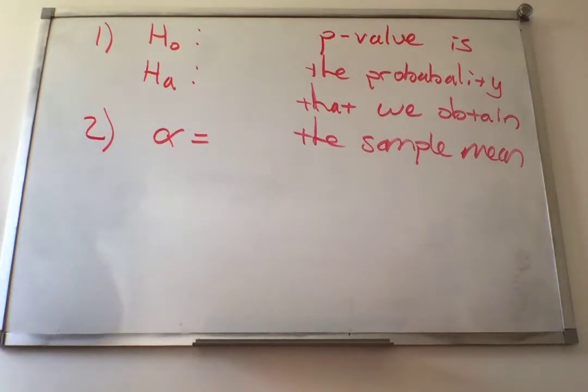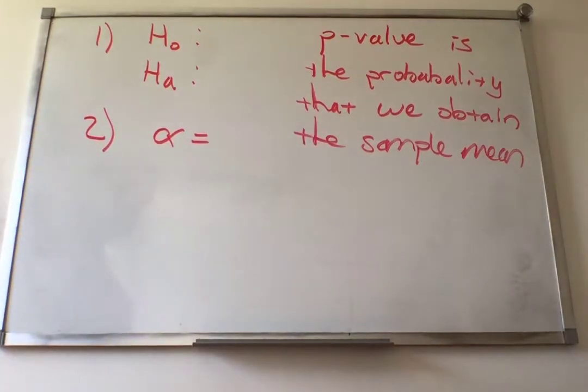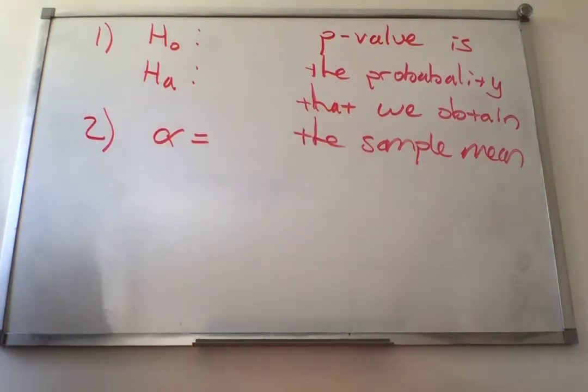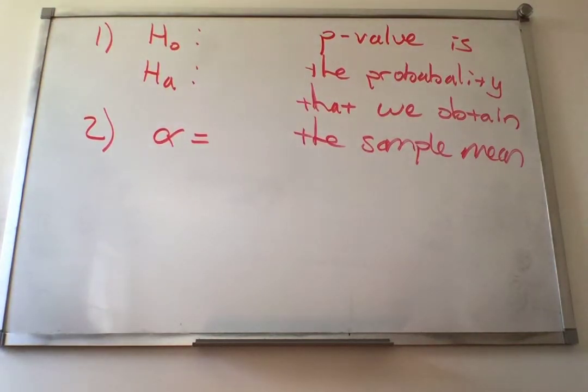And then we calculate the probability that we obtain this sample mean. If you recall, that's what we were doing in chapter 7, the central limit theorem. You use the central limit theorem when you are being asked about the probability of the sample means, okay?